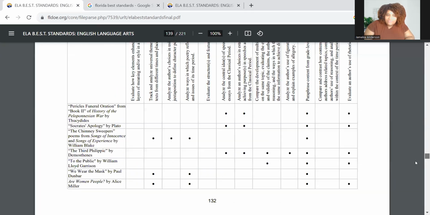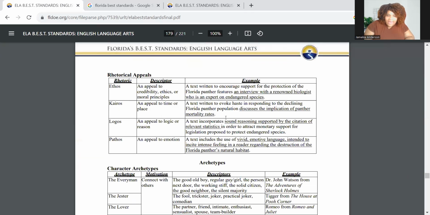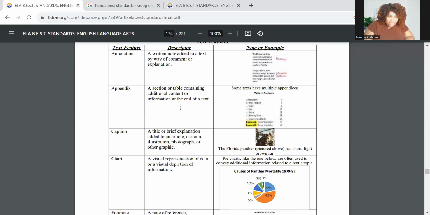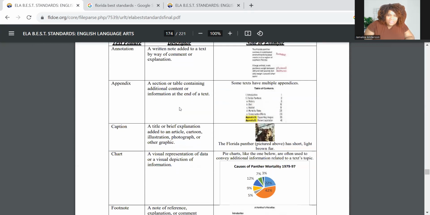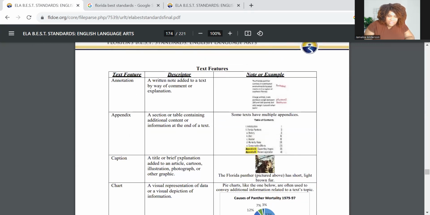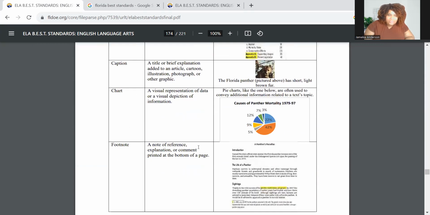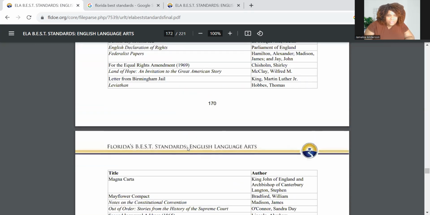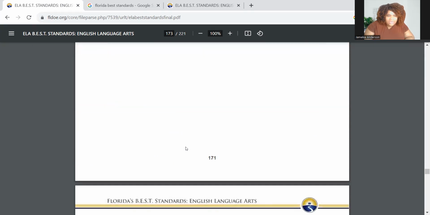Inside this, if you go all the way to the back, these are some of the last pages. This also goes over text features and certain things like that. These are some of the things you need to make sure you incorporate with your students. This was, I think, 12th grade.